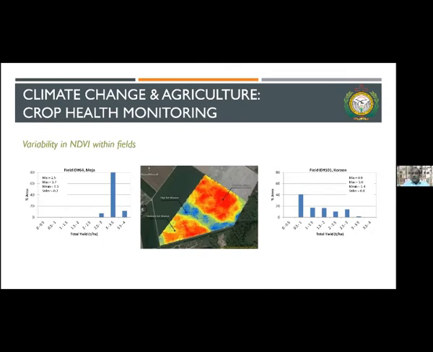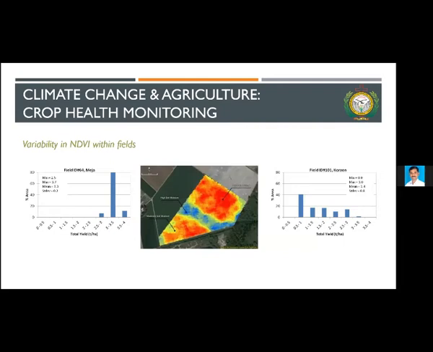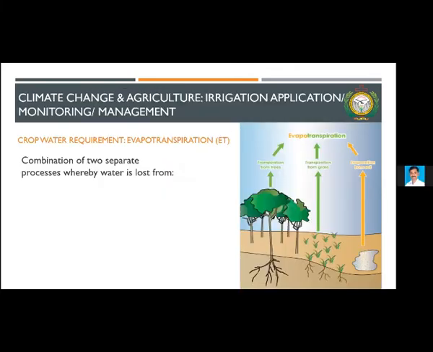Now, this was about the crop health. The next component which we need to focus on in our agriculture, because of climate change and because of limited water resources, is something which is called crop water requirement.